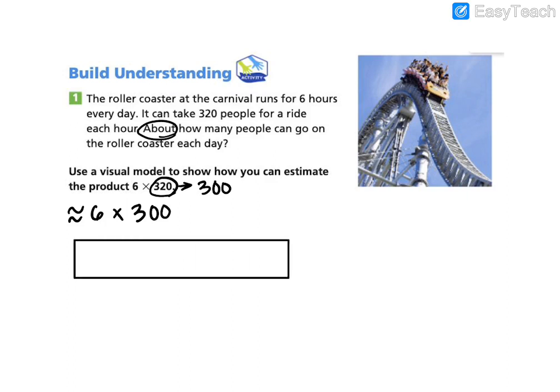So I'm going to do it this way, with showing my 6 groups. Each of these boxes is equal to 1 hour. There's a total of 6 hours. And within each of those hours, there's about 300 people that can go on this ride.